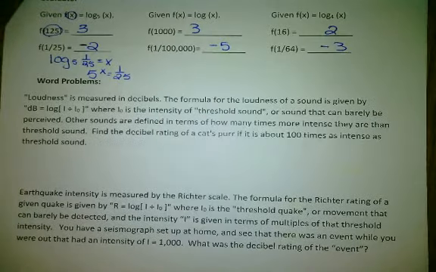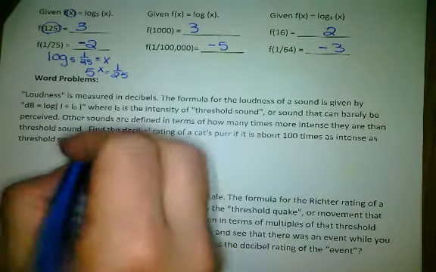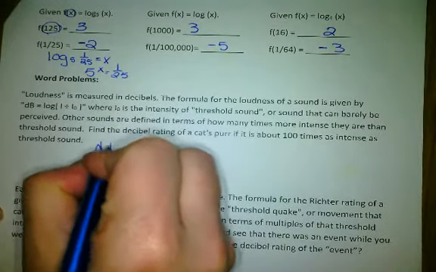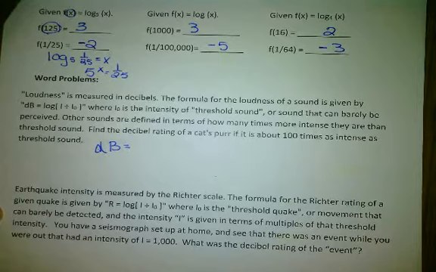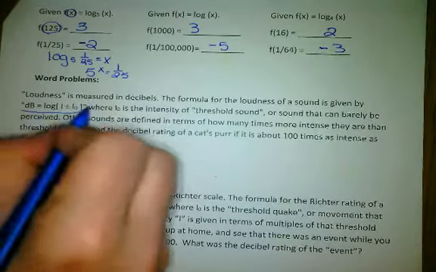Okay, on these two word problems, I'm going to try to make this as basic as possible. They look tricky, but they're really not. All right, so here you've got decibels, and you've got this formula right here.